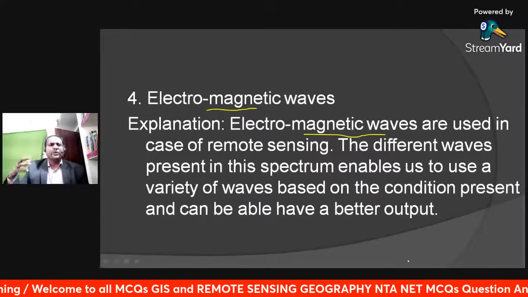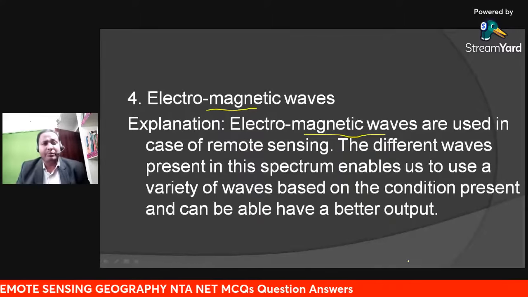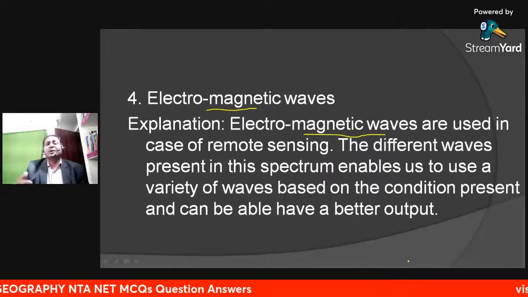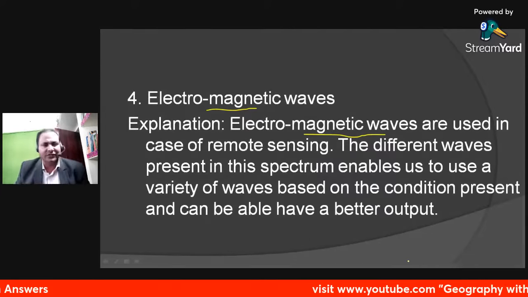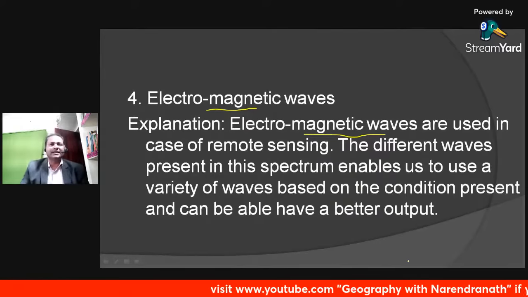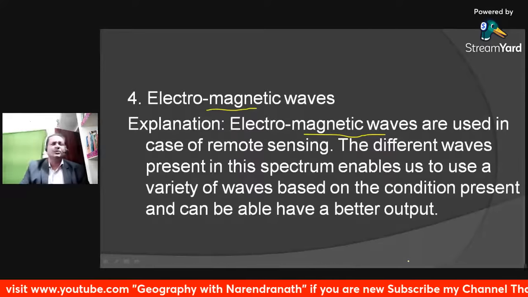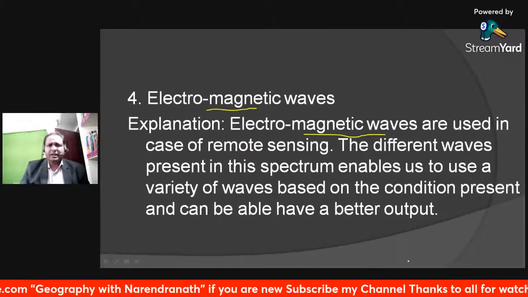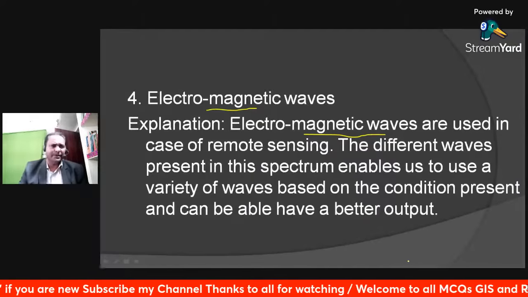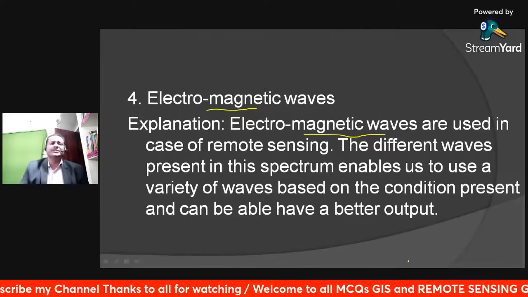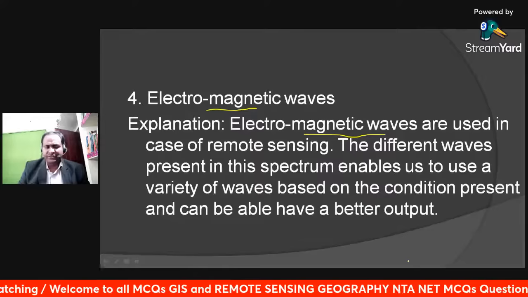The different waves present in this spectrum enable us to use a variety of waves based on the condition present and can give a better output. So definitely option 4 is the right answer.